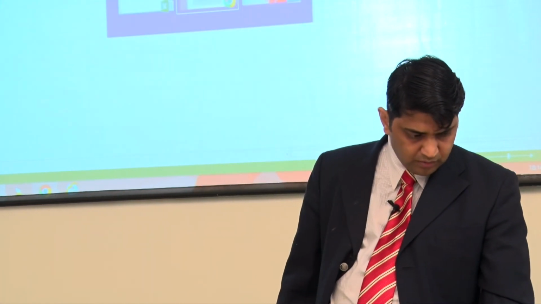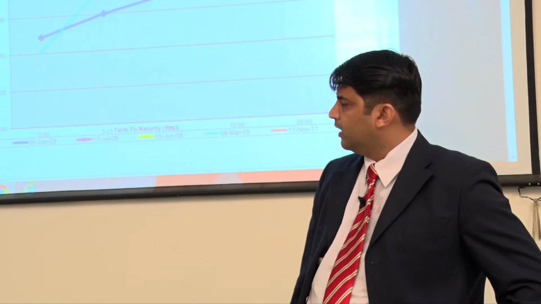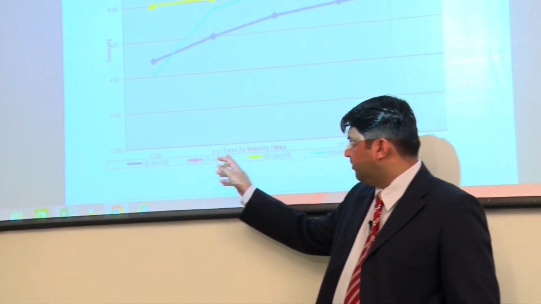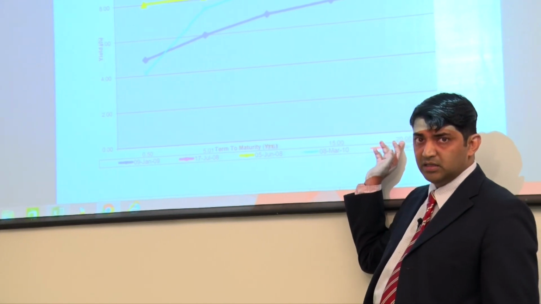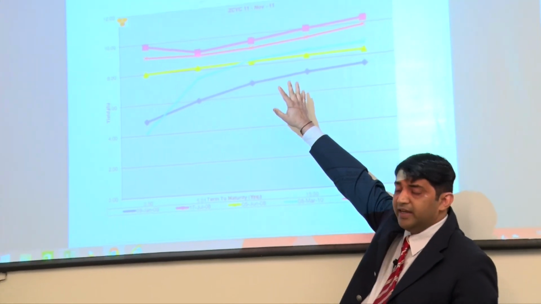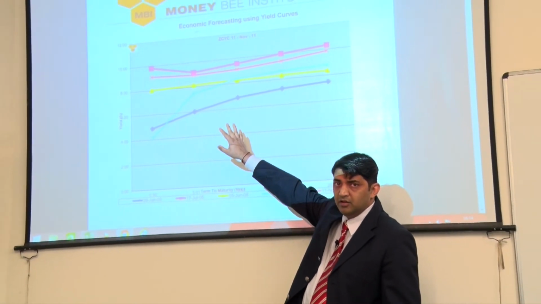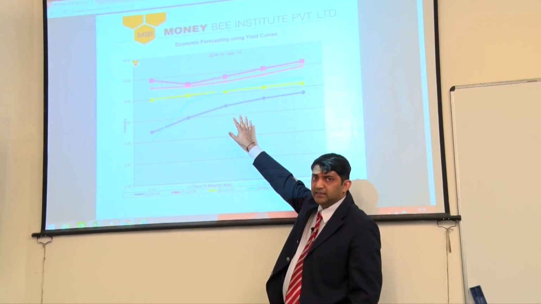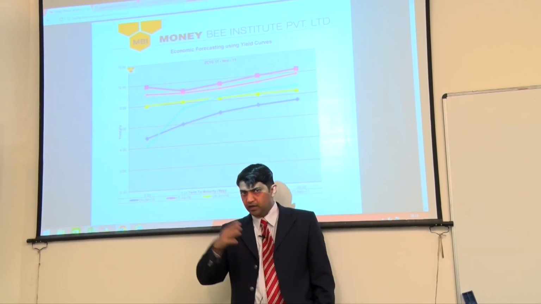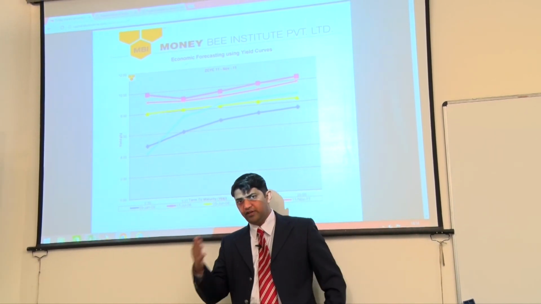So coming back to our main topic. We have bonds issued by the government of India up to 20 years. Now there are 5 lines which we can see here. Each line is known as a yield curve, or it is also known as the term structure of interest rates.